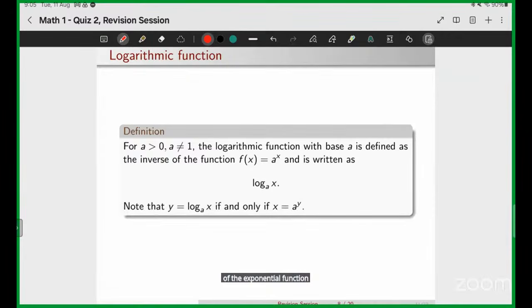Again, for the logarithmic function, we have a base and a variable. The base is fixed so long as it is positive and not equal to 1, the same conditions as we had for the base of the exponential function. And it is defined as the inverse of the exponential function.